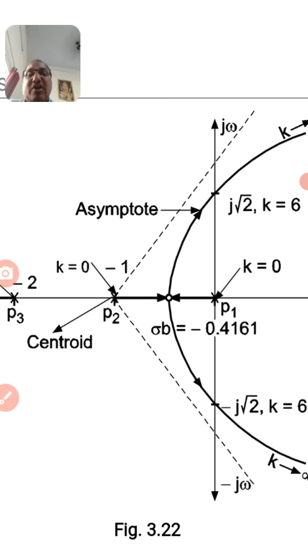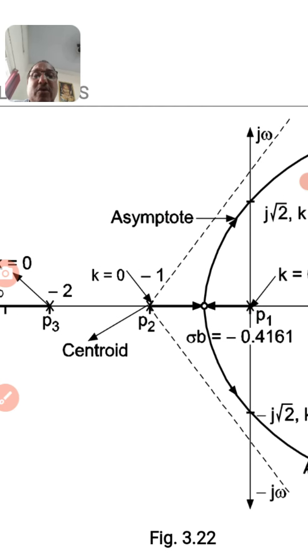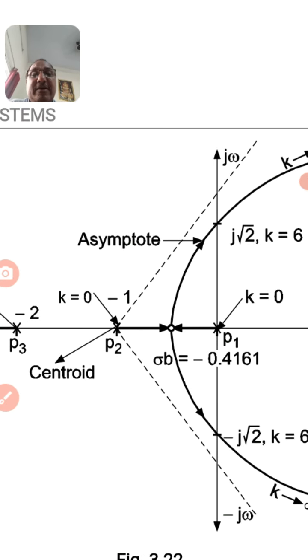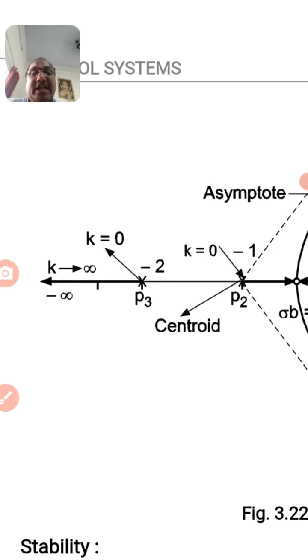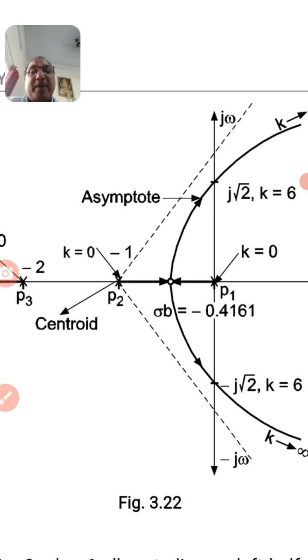The centroid is calculated and it is equal to minus 1. Again I have found the angles of asymptotes, that is, by which angle the curve follows the path. One is 60 degree, second is 180 degree, and third one is 360 degree.